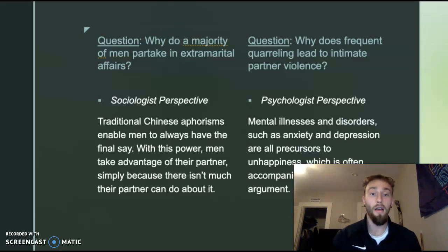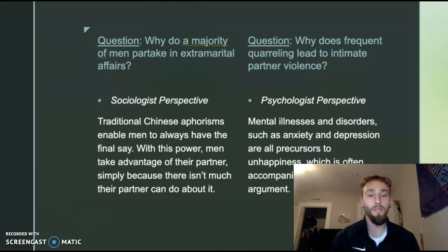Contrary to this, a question for a psychologist would be, why does frequent quarreling lead to intimate partner violence? And a psychologist would answer this by saying that mental illnesses or disorders such as anxiety and depression are all precursors to unhappiness, which is often accompanied with the onset of an argument.